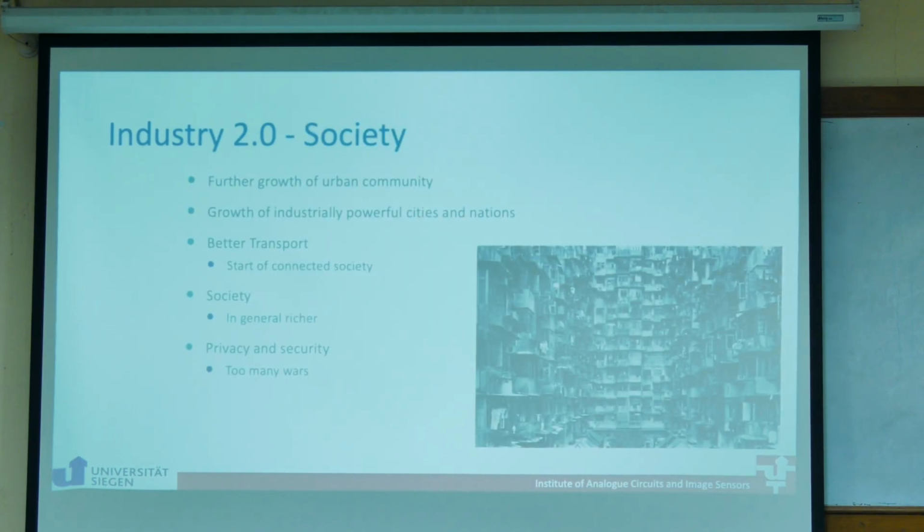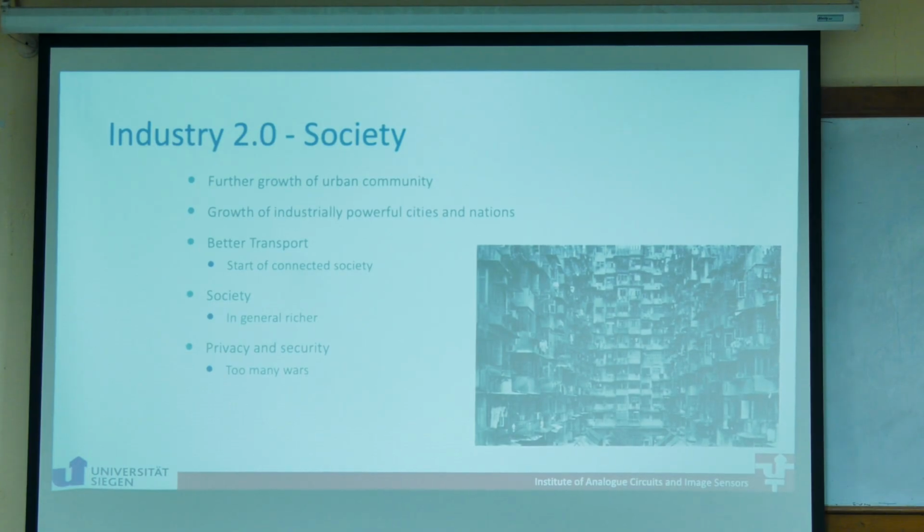Society becomes even more urban. The cities start growing much, much bigger. Not only that, we now start having industrially powerful cities, things like Manchester in the UK, cities which were built around industries. Earlier, virtually every place was similar.